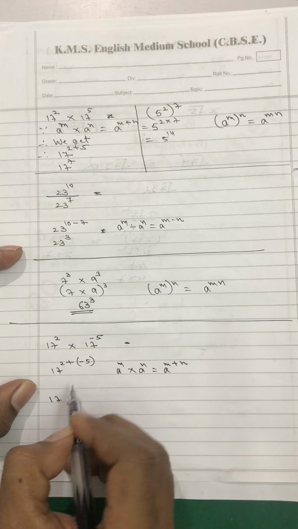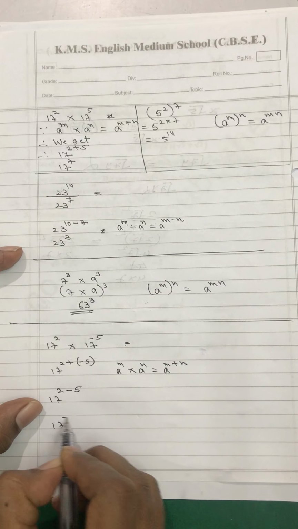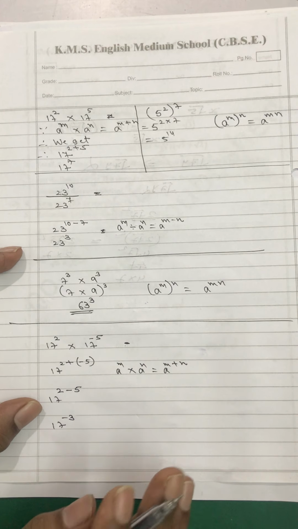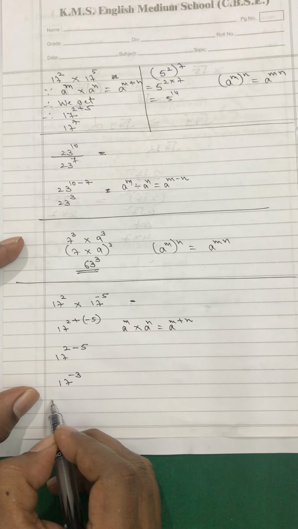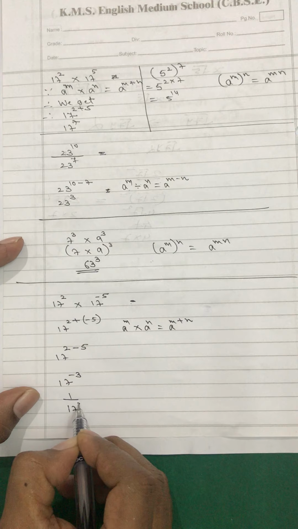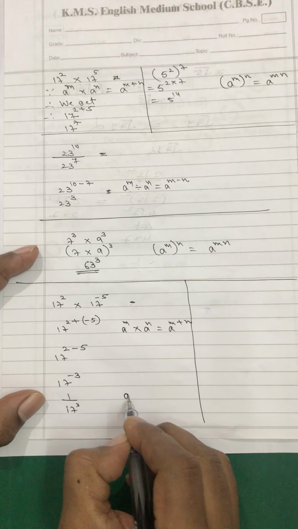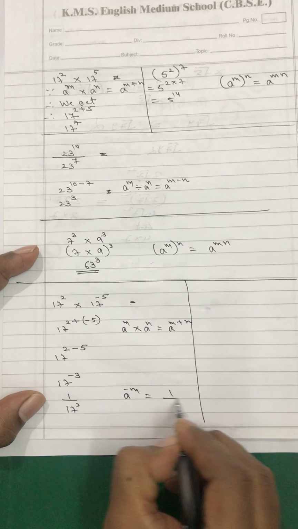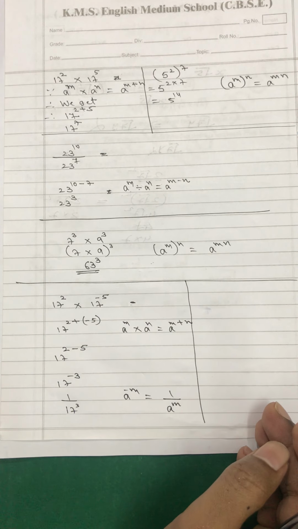So now what will this become? 2 minus 5. This will become 17 raised to the power of minus 3. Now, but I am not supposed to write the answer with negative power. So this will become 1 upon 17 cube. Because a raised to the power of minus m is equal to 1 upon a raised to the power of positive m. Okay, my dear students.